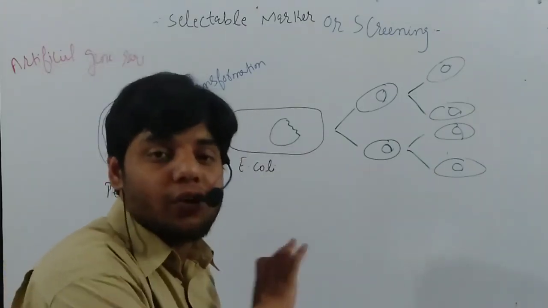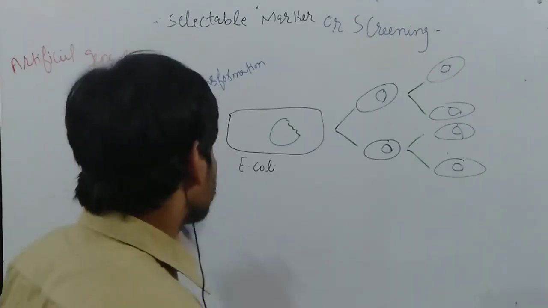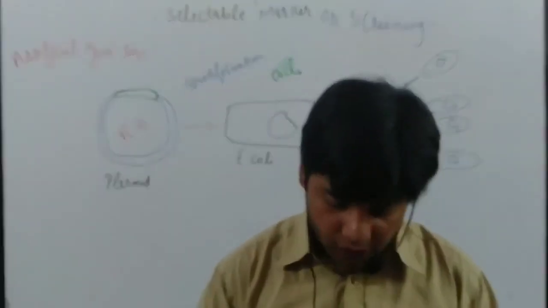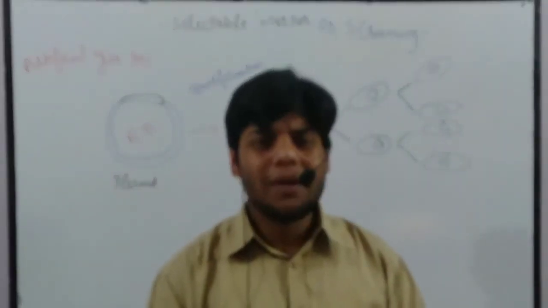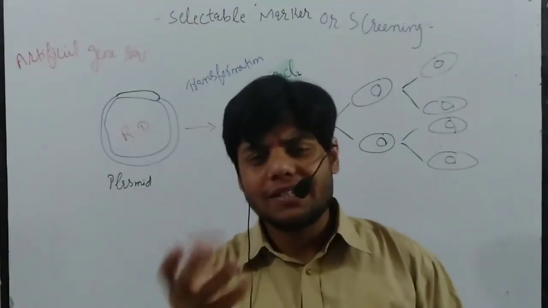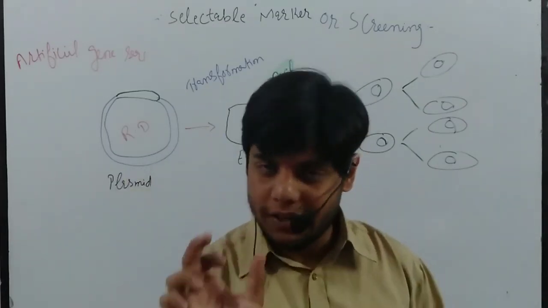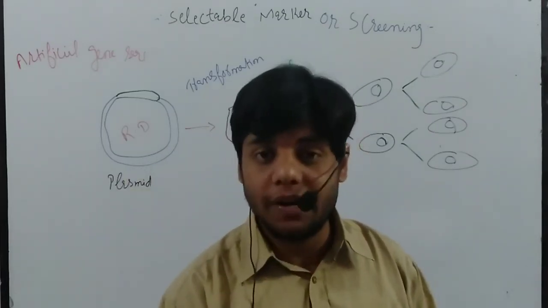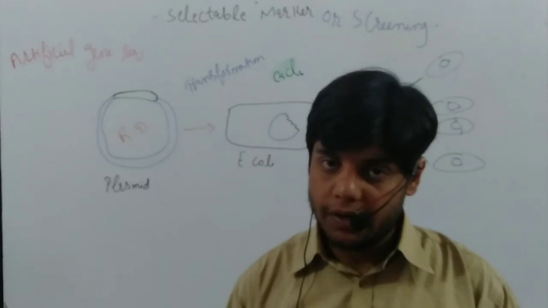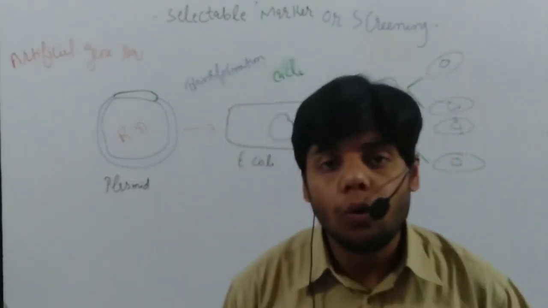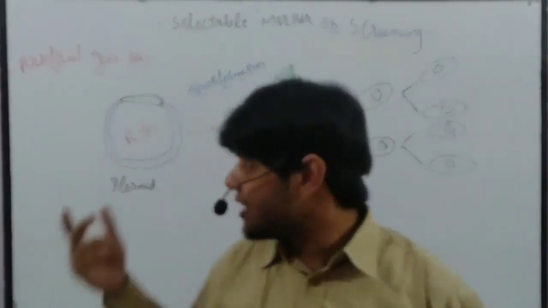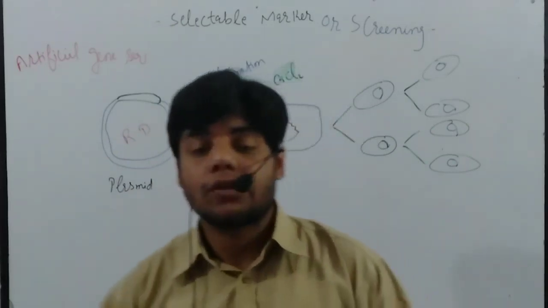Due to transformation, we can transfer our gene of interest, or the vector, by treating the bacteria with calcium chloride. But there is a problem. The main problem is that we can't see whether the process is going on or not. Let's suppose the same processes are happening in a test tube or in petri plates, but we don't know, because the cell is too small and the plasmid is also too small to see.